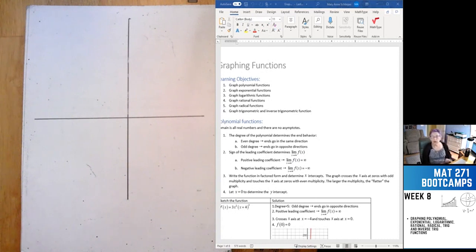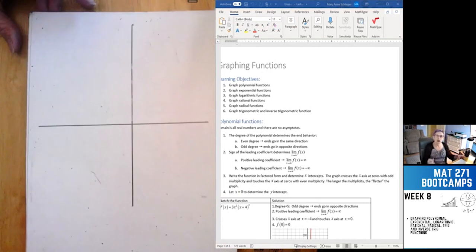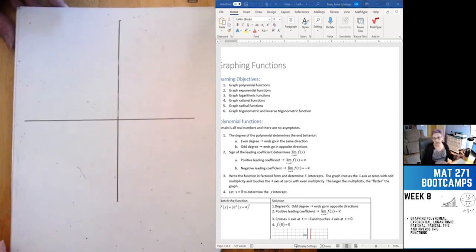So if you're graphing polynomials, we always expect you to first decide what the domain of your function is. Polynomials are friendly. The domain is all real numbers and they don't have any asymptotes. So those are things that we expect you to know. Do functions have asymptotes? What is their domain? Then when you see a polynomial, you look at the degree.